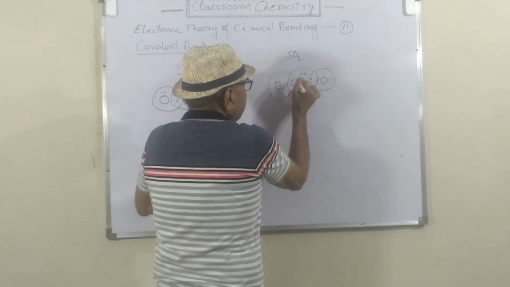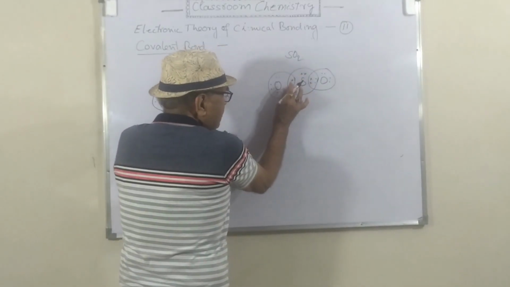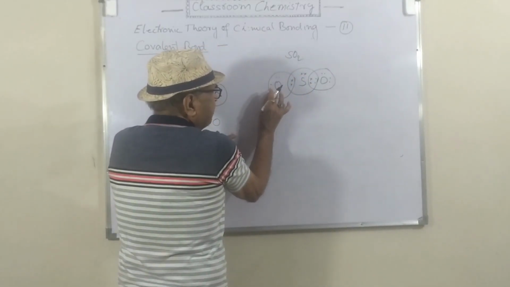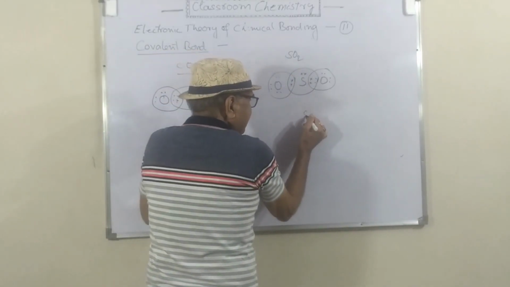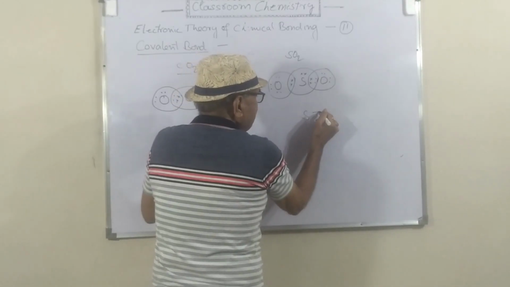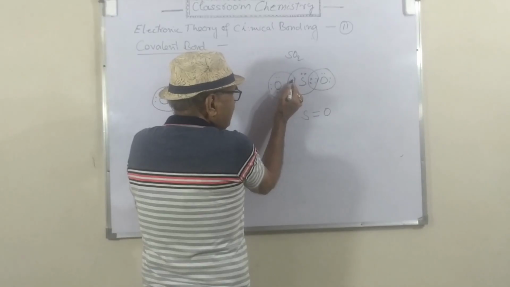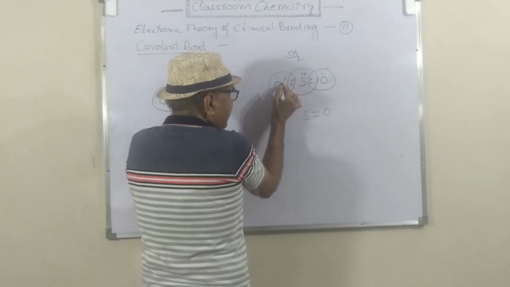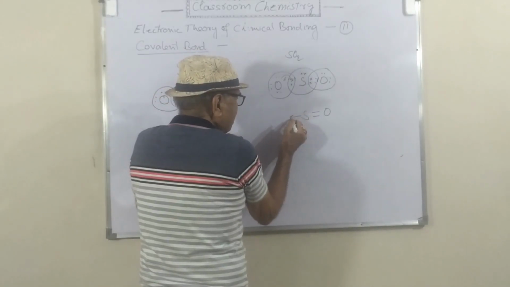So it is counted. Again, this is sulfur. These 2 electrons are counted for this oxygen. This electron was given to this oxygen, and again this oxygen shared with this. So you can write in this way.